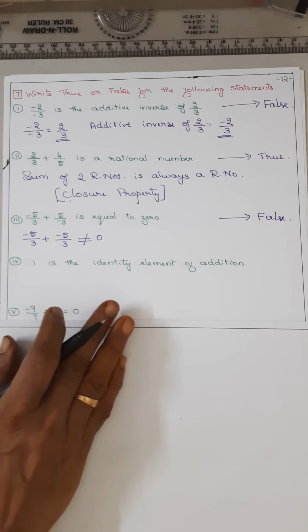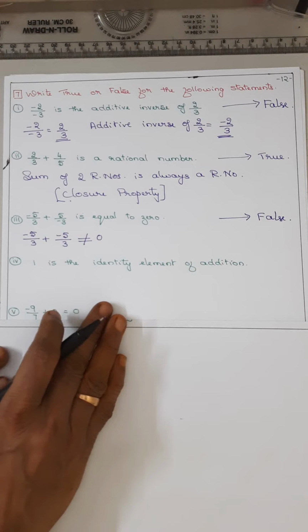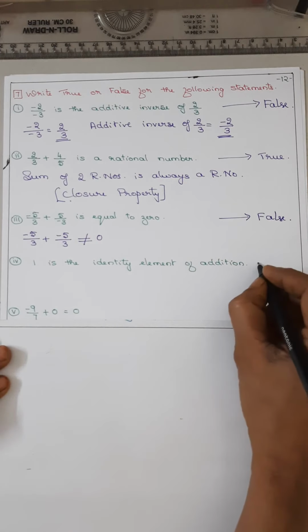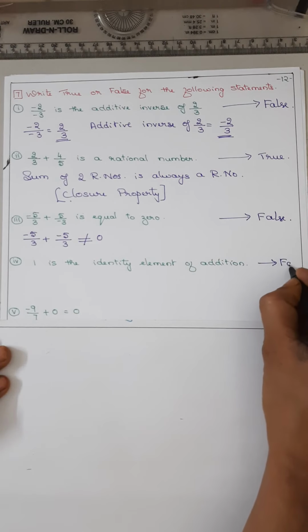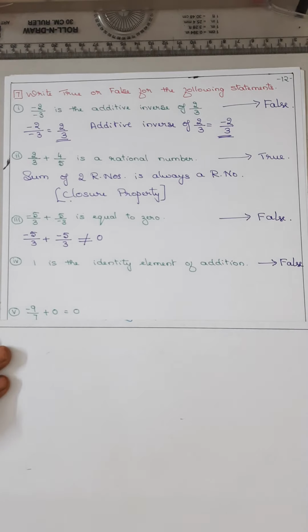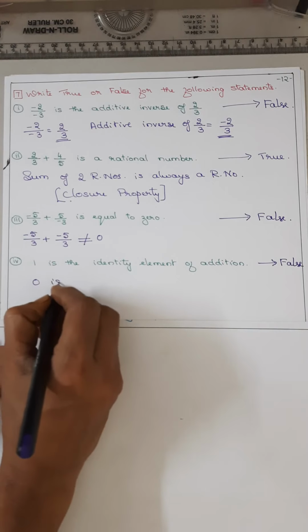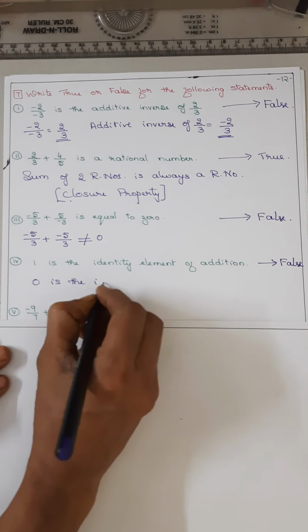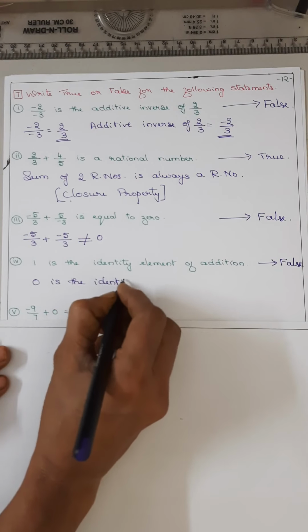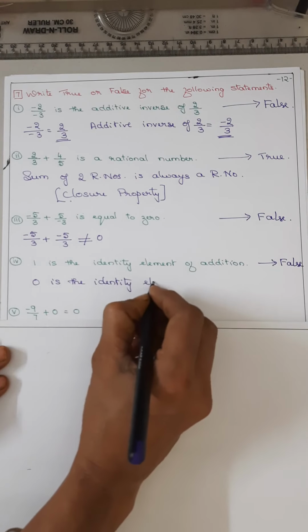1 is the identity element of addition. False. Which is the identity element of addition? 0 is the identity element of addition.